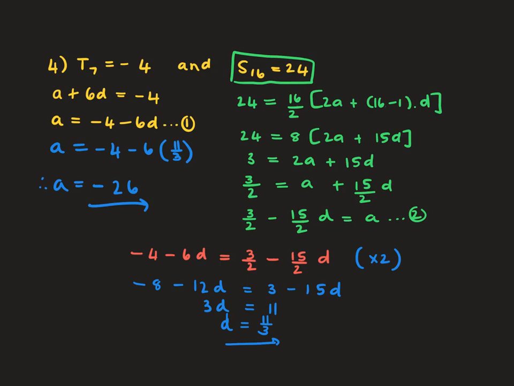Let's jump into 4b. So in 4b, what do they say? They say that the fifth term is 0 and the 13th term is 12. They want you to find the sum of the first 21 terms. Okay, so let's deal with these first two concepts first.